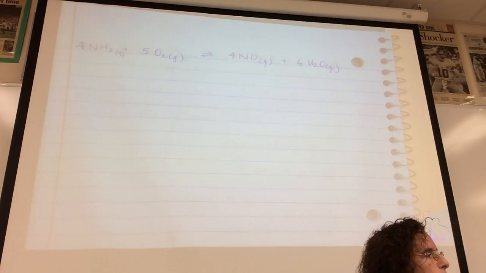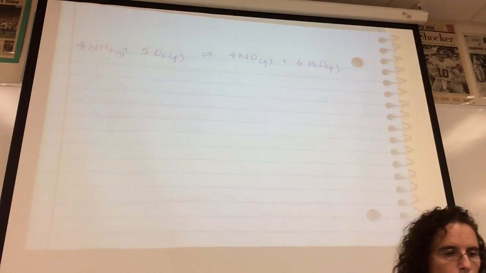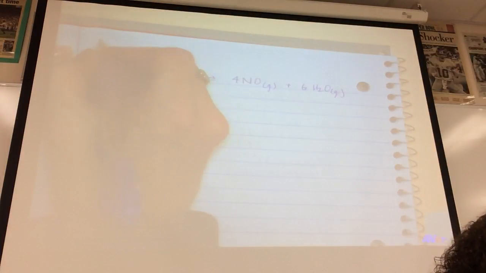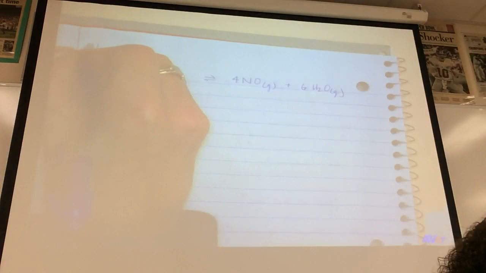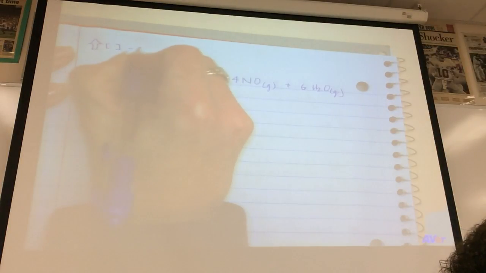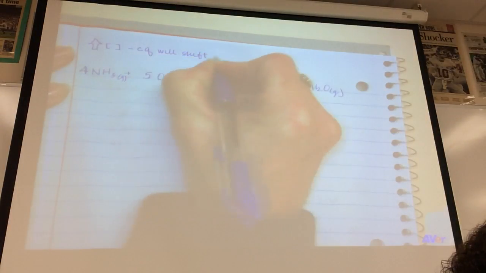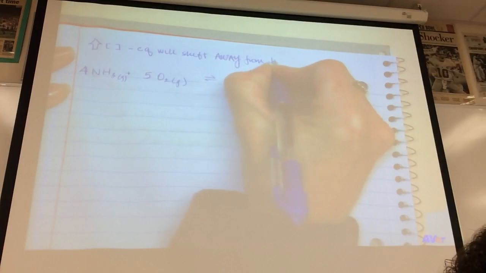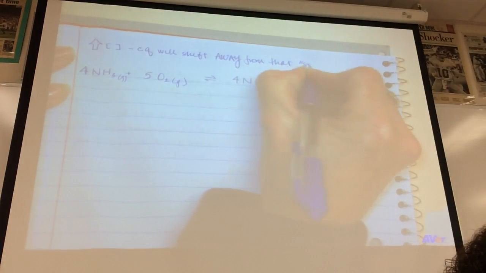So A says if reactant concentration is increased, equilibrium will shift to the right or the forward direction. One thing I do want you to know or recall, when you increase the concentration or the temperature, equilibrium will shift away from that substance.